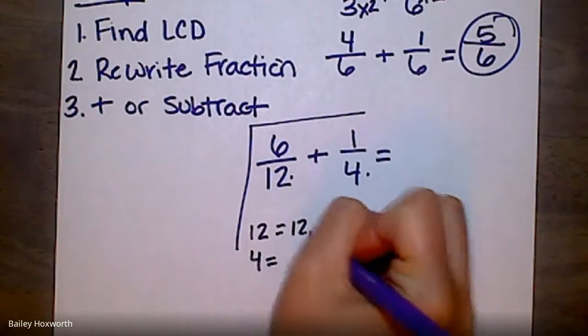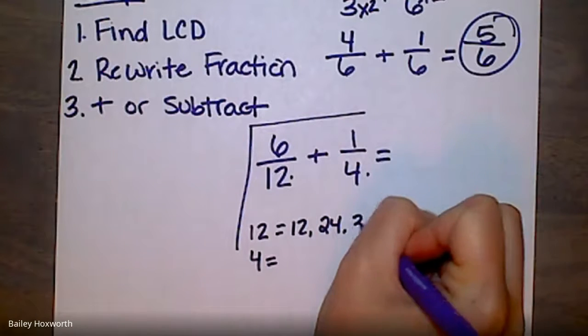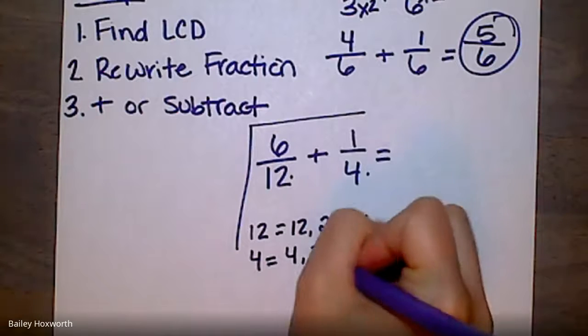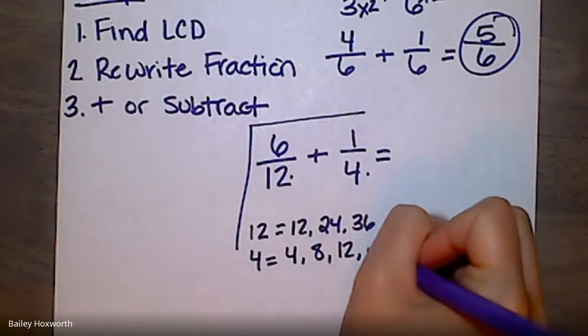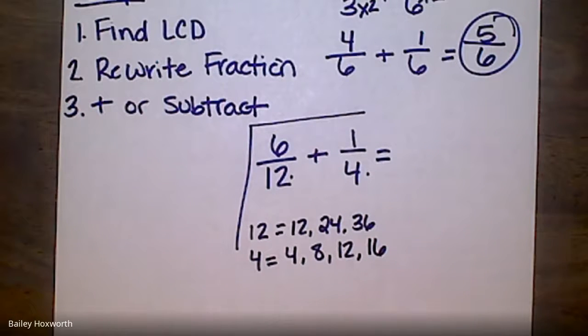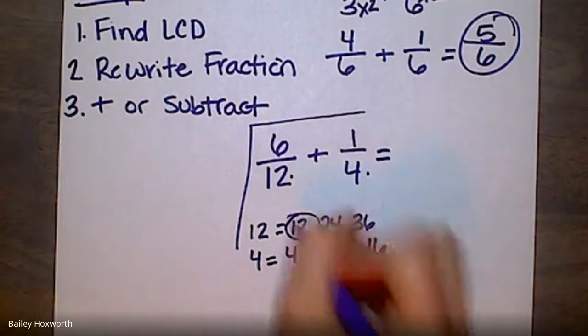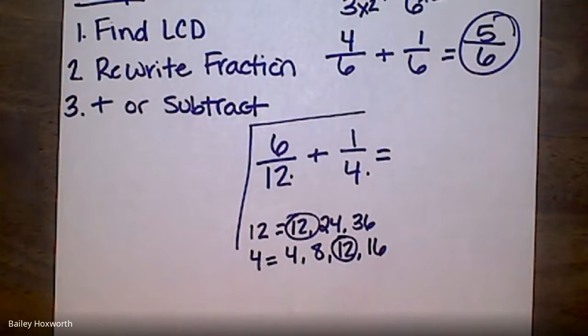So that's 12, 24, 36. I have 4, 8, 12, 16. What is the least common multiple? They both have 12. So now I need to rewrite my fraction.